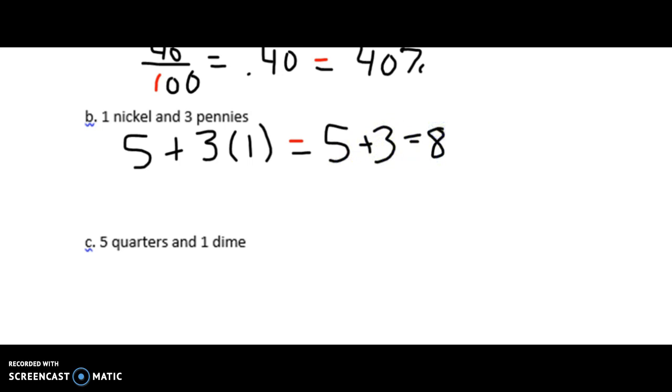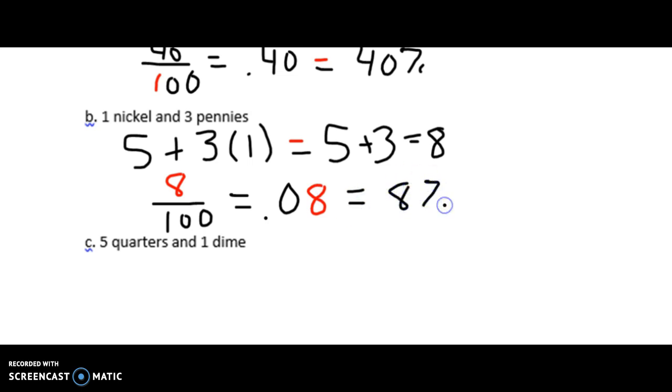So I'm talking about $1. So I take 8, my part, over 100, my whole, and that's going to give me 0.08 because I have 8 hundredths. So that's going to give me 8% because when I move my decimal 2 places to the right, I get 8%.